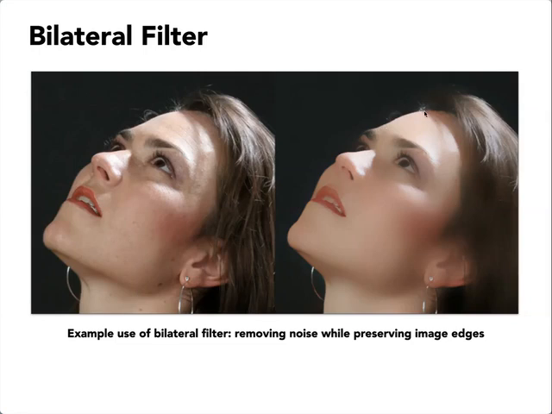If you just ran a box blur or a Gaussian blur strong enough to cause this amount of averaging inside the skin area, it would cause a very blurry edge at this boundary between the dark background and the forehead, right? So removing noise while preserving image edges is a classic application of a bilateral filter, as this thing is called.